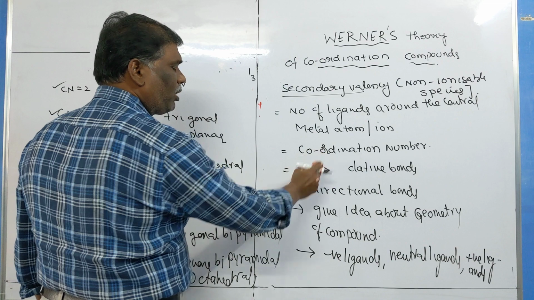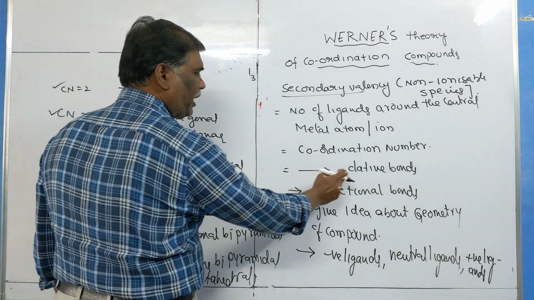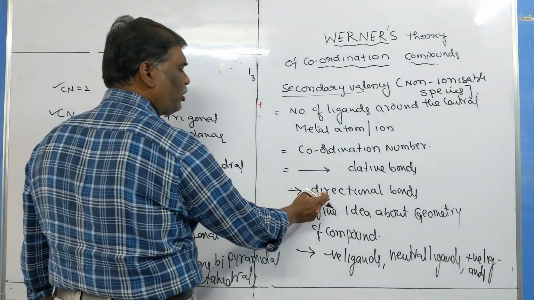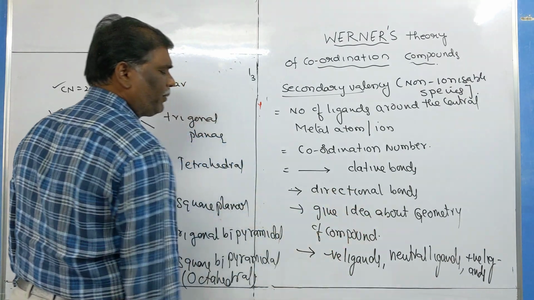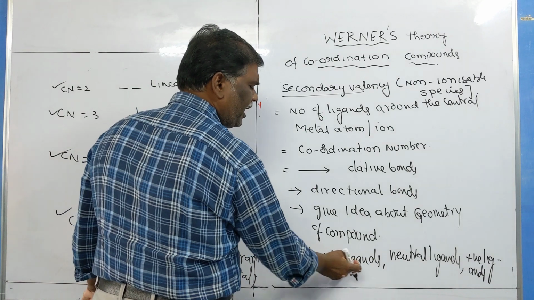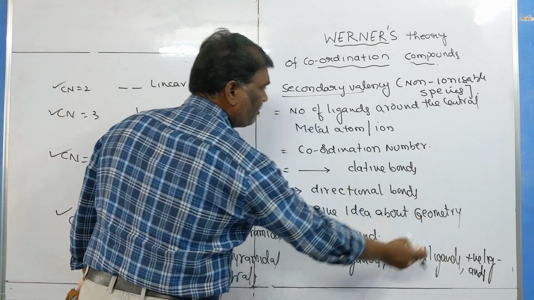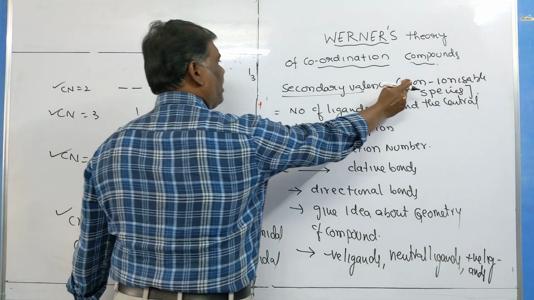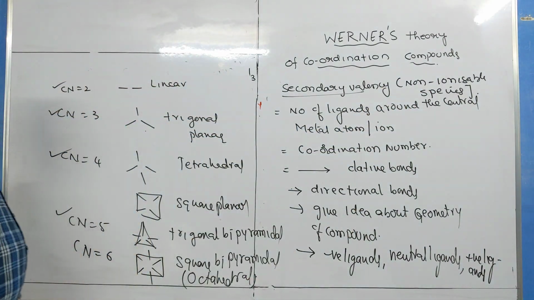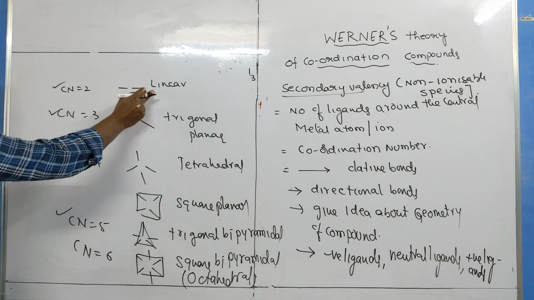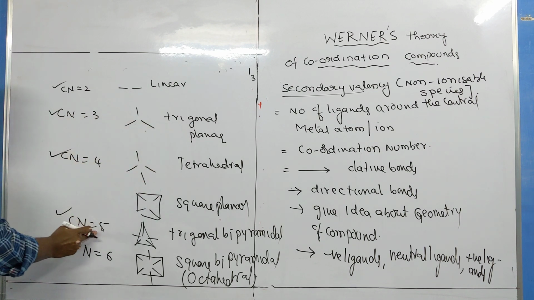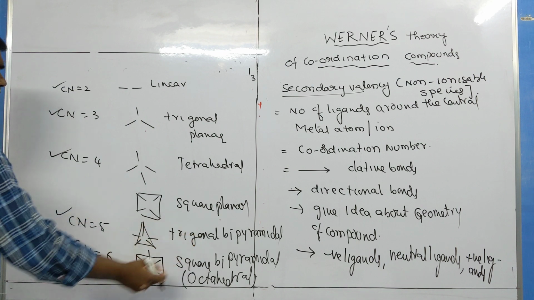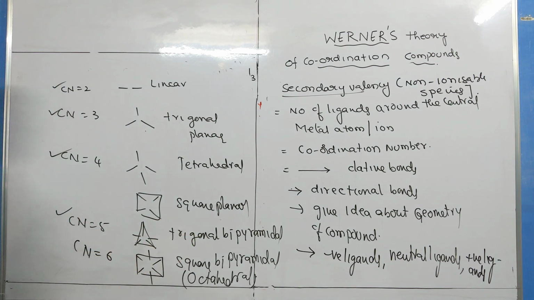It is equal to the coordination number represented by dative bonds. Dative bonds are directional. They give an idea about the geometry of the compound. These are satisfied by negative ligands, neutral ligands, sometimes positive ligands. These are non-ionizable species. Now coordination number 2 gives linear, 3 gives trigonal planar, 4 gives tetrahedral, 5 gives trigonal bipyramidal, 6 gives square bipyramidal or octahedral.